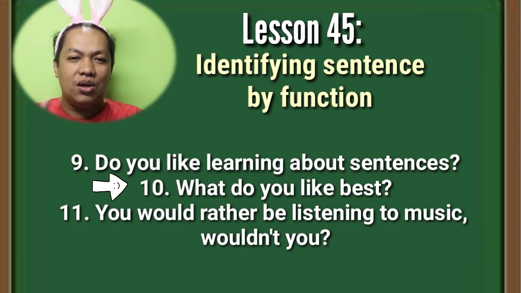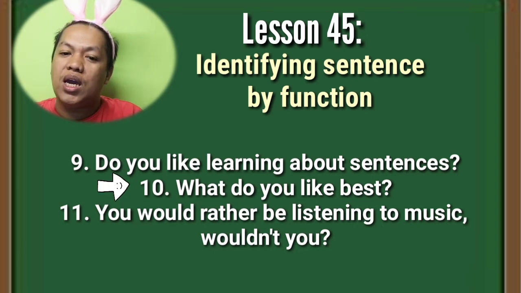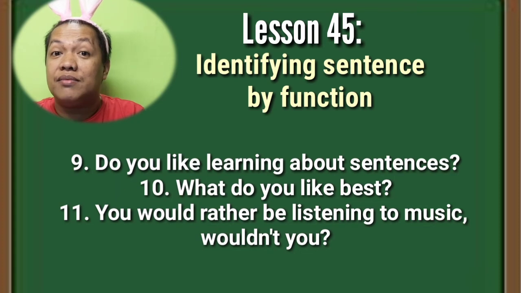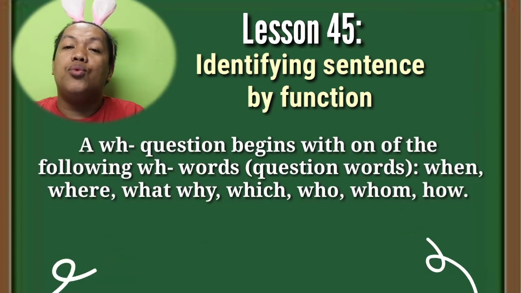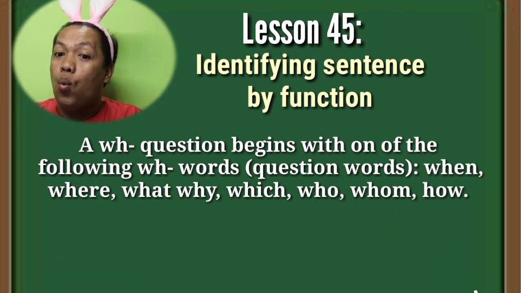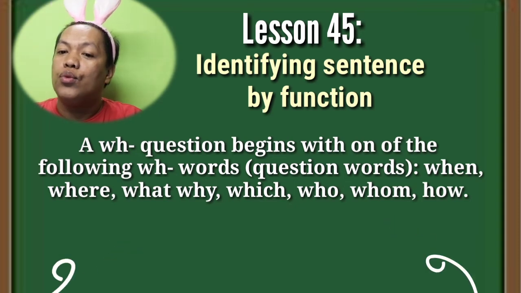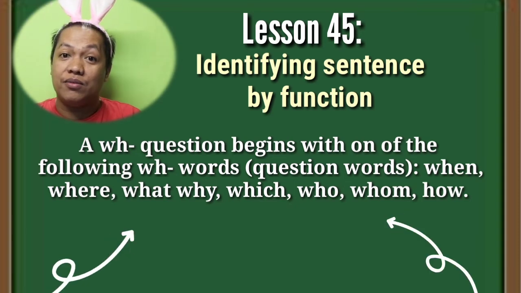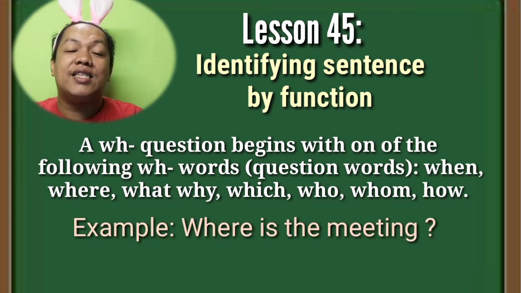And take note again, Cambridge Basic English Quick Tip 45.3 will remind you that a WH question begins with one of the following WH letters or words: when, where, what, why, which, who, whom, and how. Example: Where is the meeting?